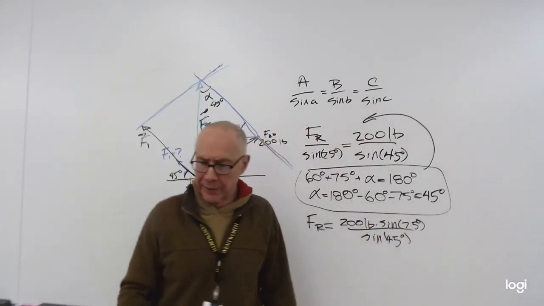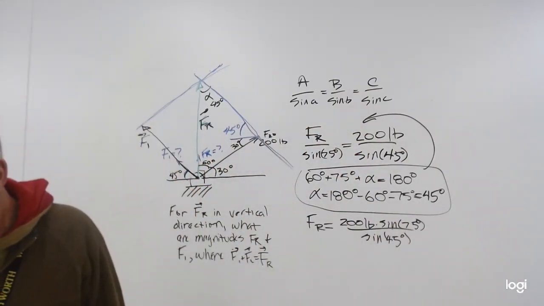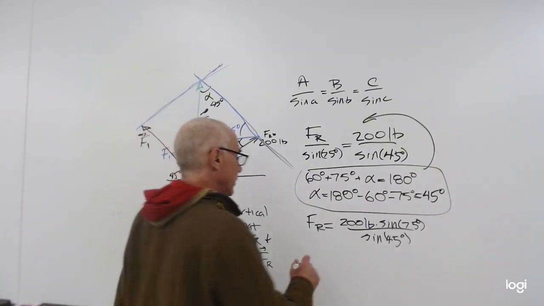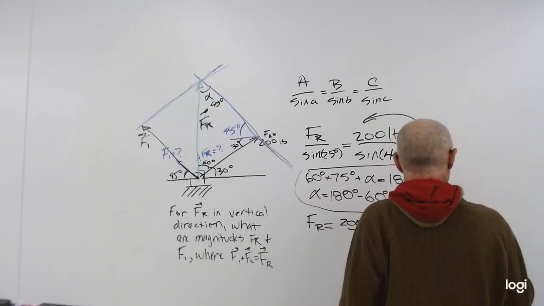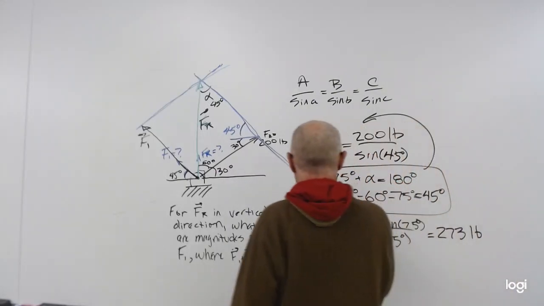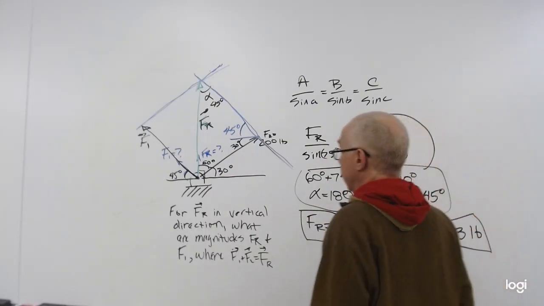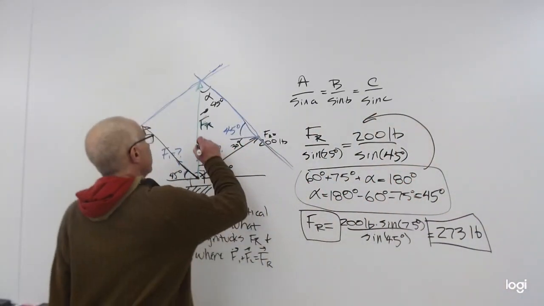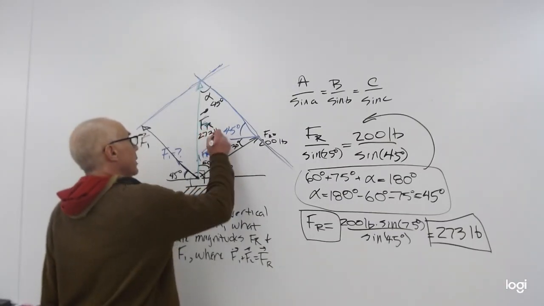And we're going to get, and I'll just look up the answer, f of r equals 273 pounds. Okay, so that's my answer. I'll put a box around this, so we know that's our answer. So this is now a known value of 273 pounds.